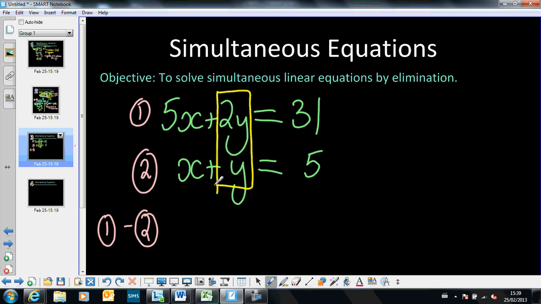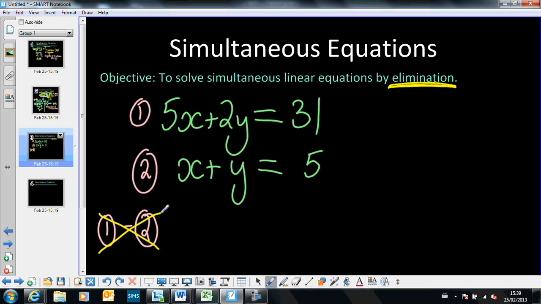If I did 2y take away y, I'd still have some y's left over. And that's no good, because for this process to work, I've got to eliminate one of the letters. Doesn't have to be y, could be x, but I've got to eliminate one of the letters. So that is not going to work this time, 1 minus 2.